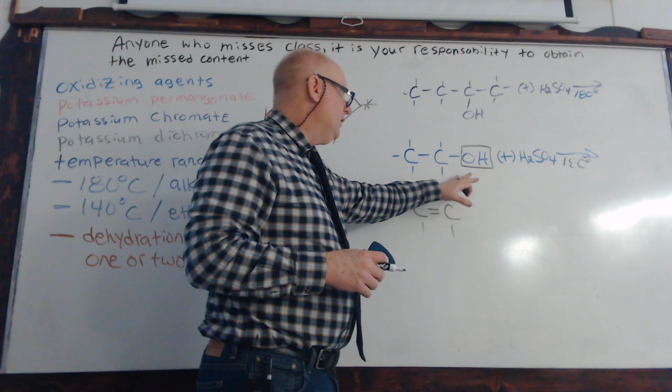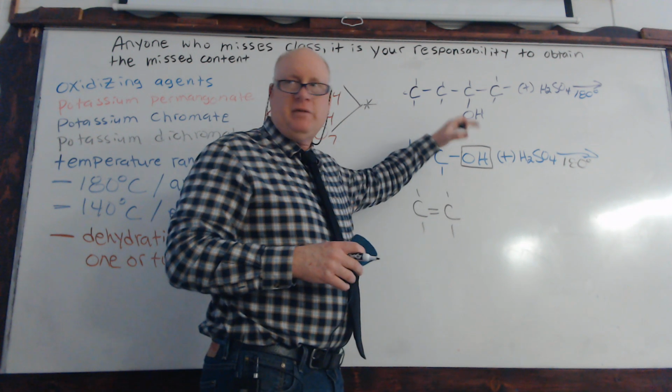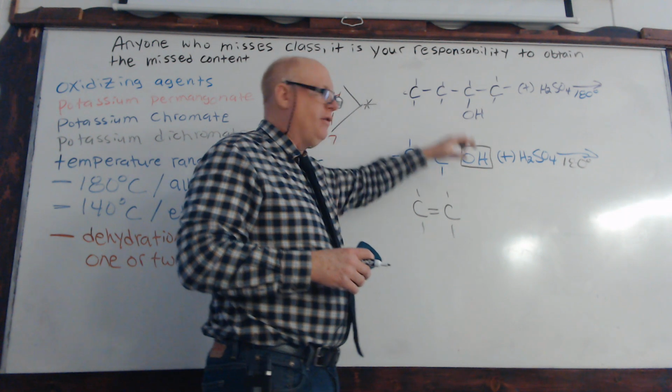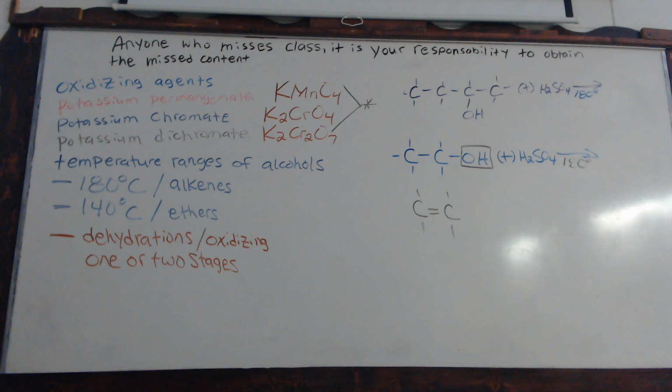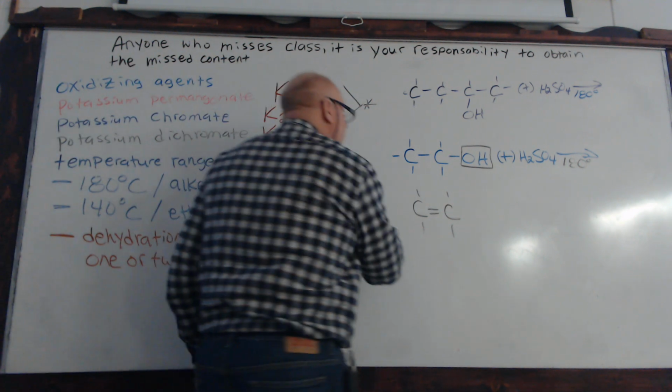Questions on what we see here? What's the difference between these two compounds other than the number of carbons? Your reactant side, not your product side. Well, that's true, but the reactants, not the catalyst or the products. Okay, let me get rid of this.